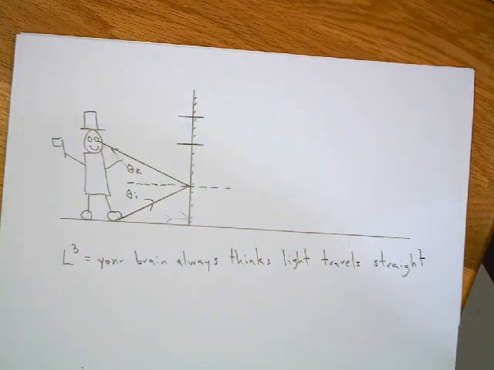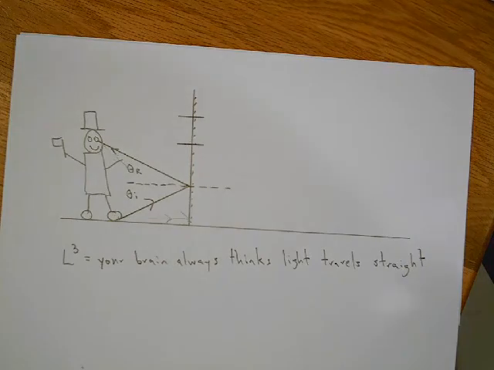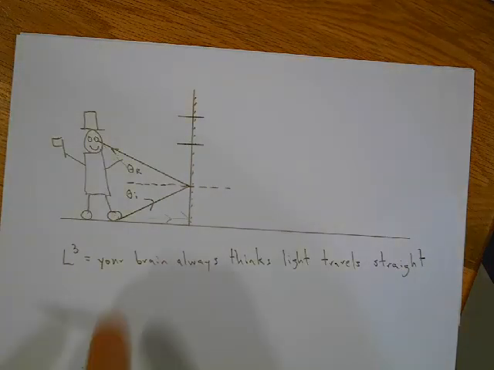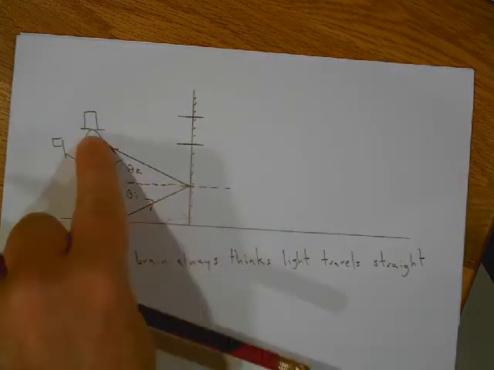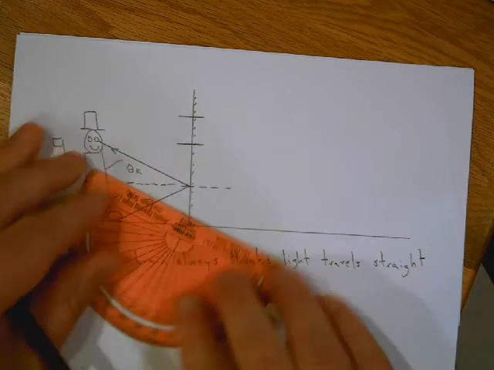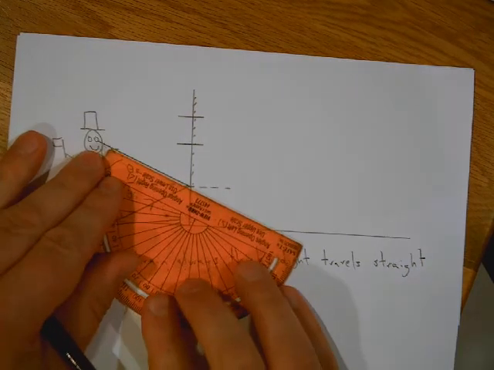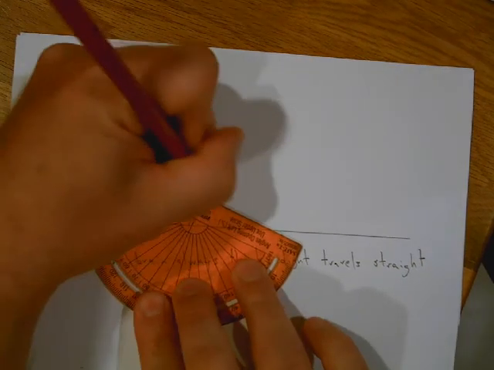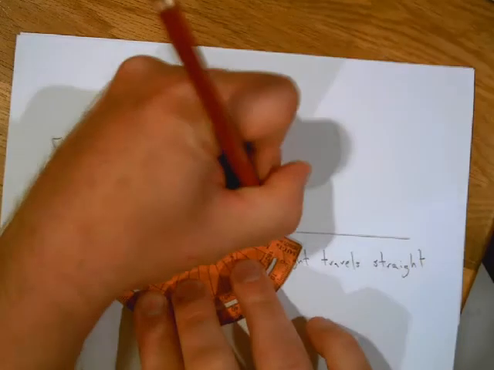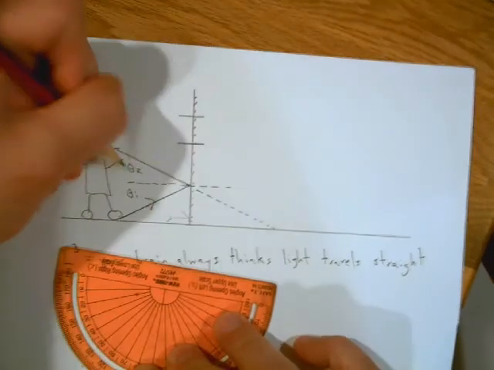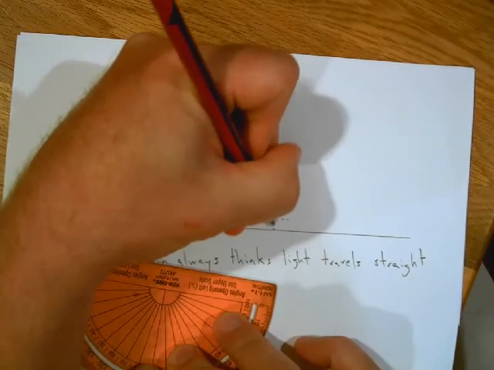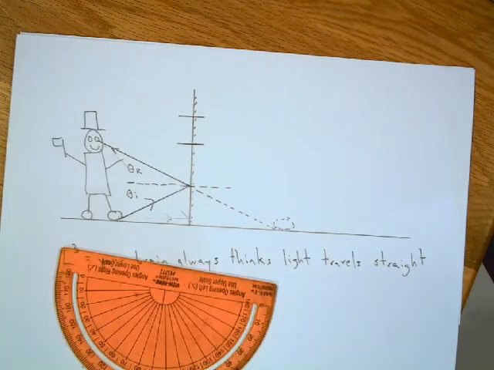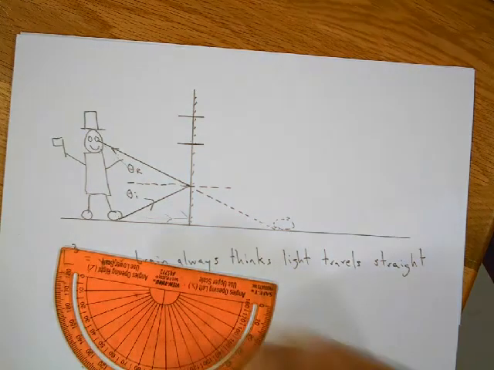And you might think, well, why does your brain think that? Because most of the time light does travel straight. Okay? And that's how we know where something is. So even though the light did this and this, your brain thinks that that light came from back here. So your brain is going to see an image of your foot back there.